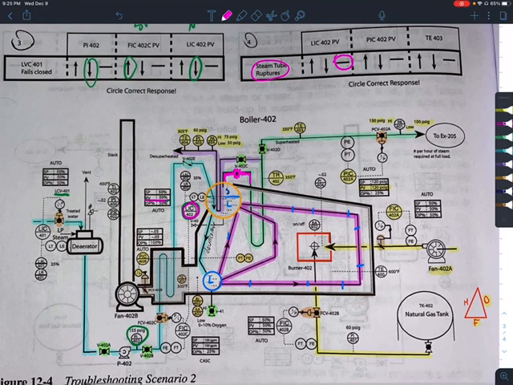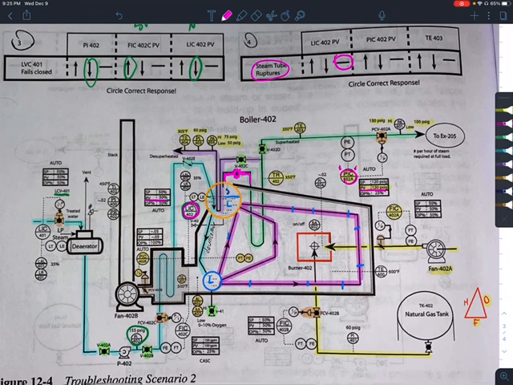All right, but going back to PIC 402 PV, here's PIC 402A. I think it's talking about that one, and then it's talking about the process variable here. But let me double check. Yeah, I think it's that one because I don't see another PIC. I think that's the one I was practicing earlier. So we're going to say it's talking about this one.